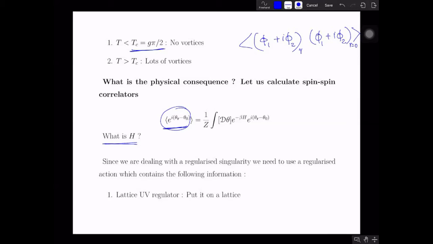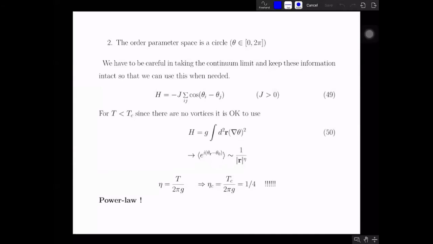So the way to capture the lattice regulator, the UV regulator, is to just write down a lattice Hamiltonian, instead of writing down a continuum Hamiltonian. And the other thing that we must be careful about is the fact that the order parameter lives on a circle S1.